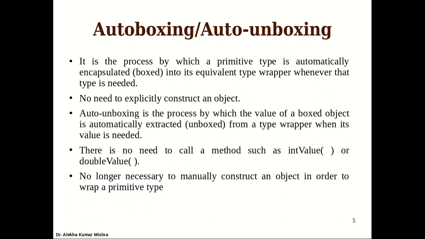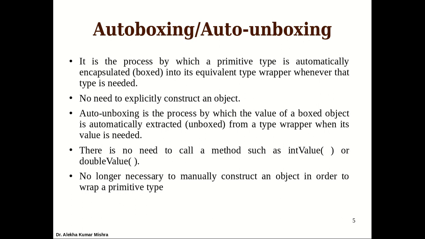Similarly, auto unboxing is the process in which the value of a boxed object is automatically extracted from a type wrapper to the primitive type value that is needed. Again, there is no need to call intValue or doubleValue, and store it in the integer the way I have shown you in the previous example.